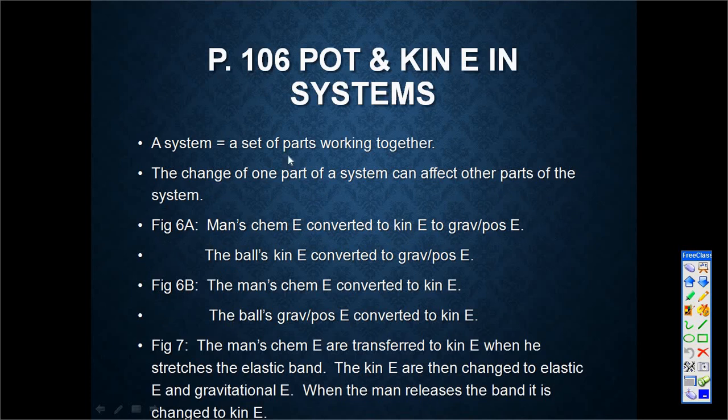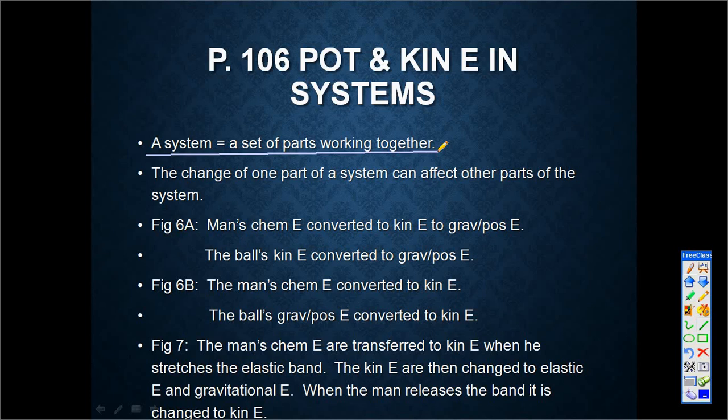Okay, so here is a system. Now a system is many parts that work together to let a specific thing happen. If I think about a system, I think about a bicycle. A bicycle consists of pedals, a chain, some gears, a steering wheel, a seat that we can sit on.